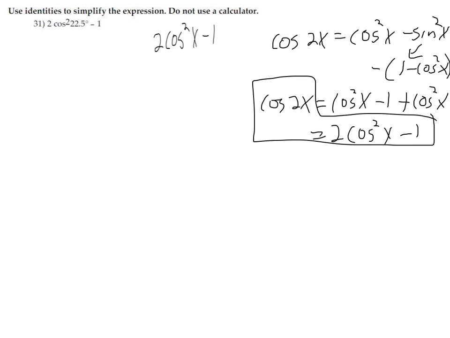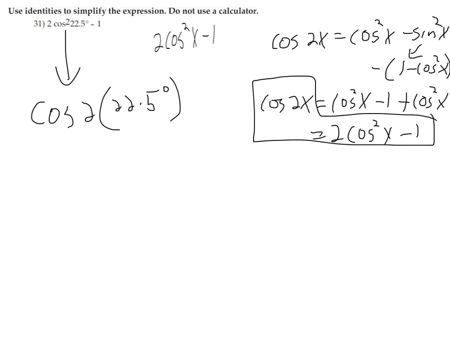Now on this problem, the x is 22.5. So we're going to go from here to cosine of 2 times 22.5 degrees. So again, this is subtle.